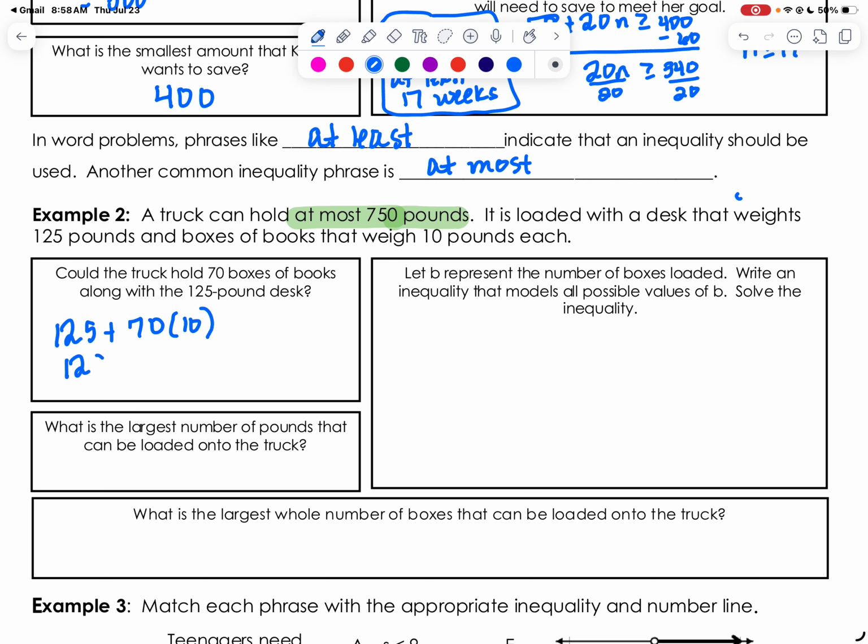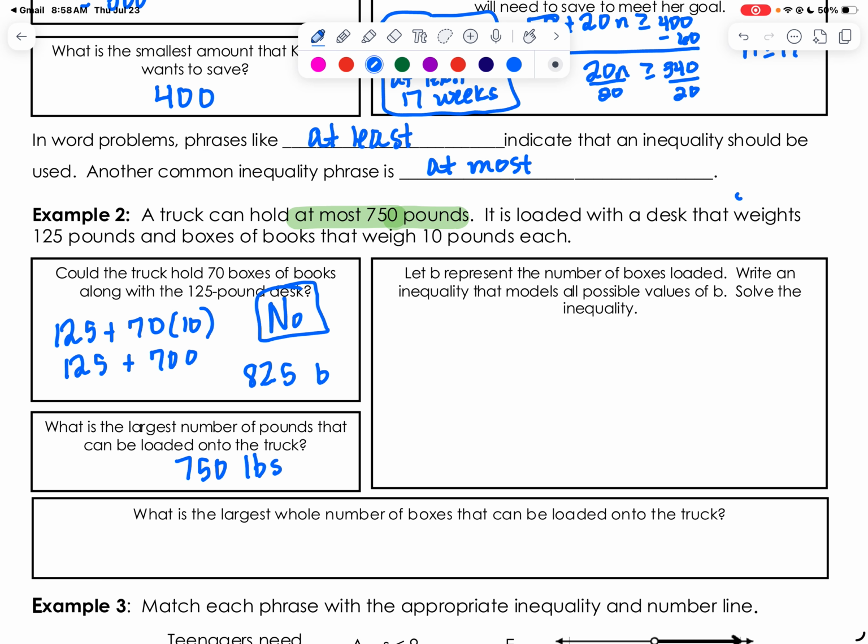So that would be 125 plus 700, and that would be 825 pounds. Now, what was the largest number of pounds that could be loaded on the truck? Well, that was 750 pounds. So no, the truck will not hold the desk and 70 boxes of books.